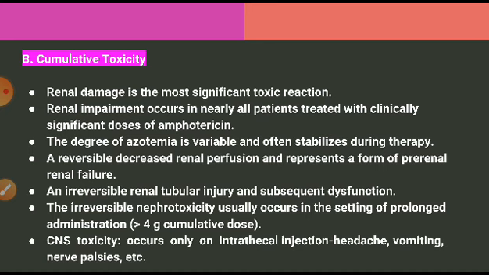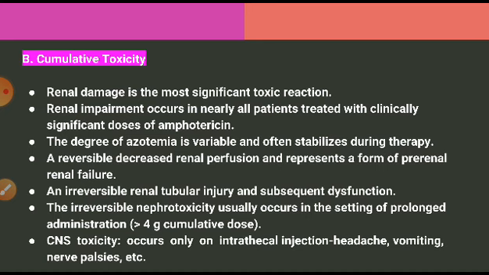Now the cumulative toxicity. Renal damage is the most significant toxic reaction observed with this drug. Renal impairment occurs in nearly all patients treated with clinically significant doses of amphotericin. The degree of azotemia is variable and often stabilizes during therapy. A reversible decrease has also been seen in renal perfusion, and an irreversible renal tubular injury and subsequent dysfunction.